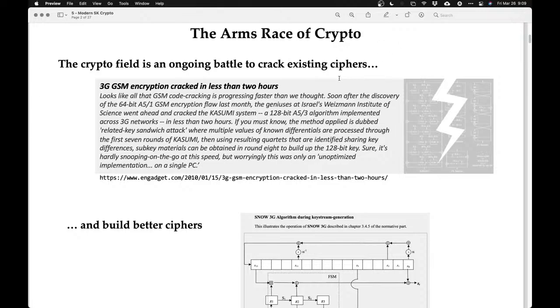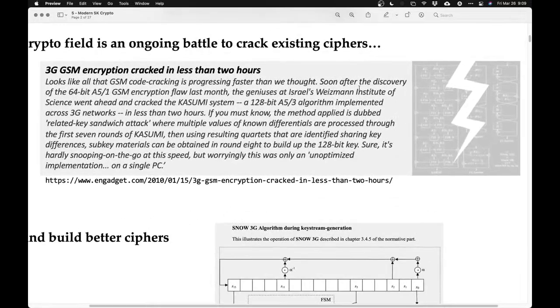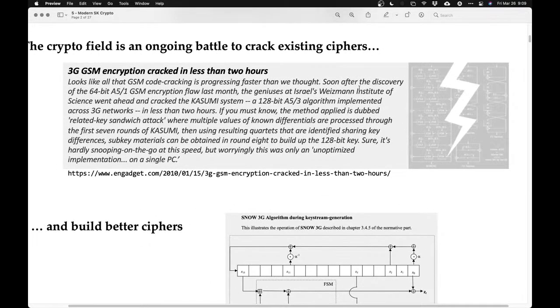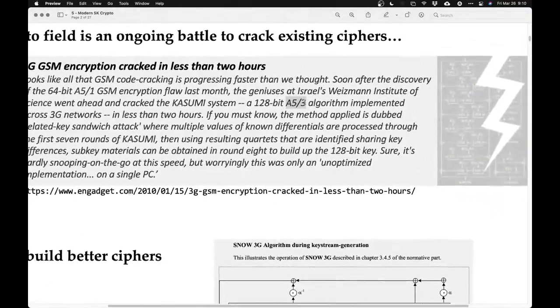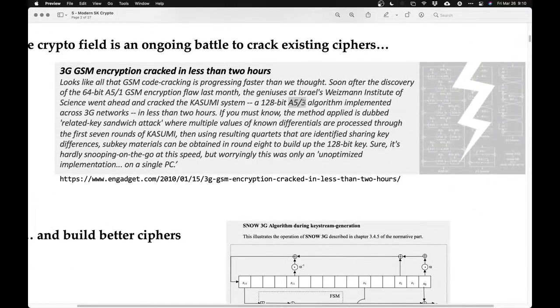So for example, this is just a tail end of one of these stories. So in the wireless communications area, various different ciphers have been used and broken over time. One of these stories looks like this. The A53 algorithm was used for 3G networks as of 10 years ago.